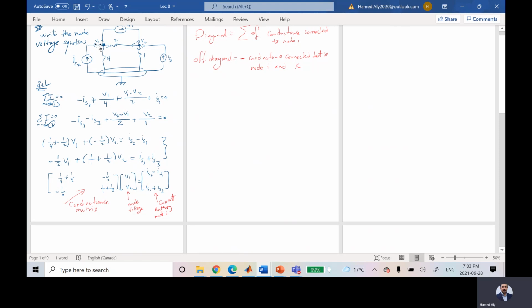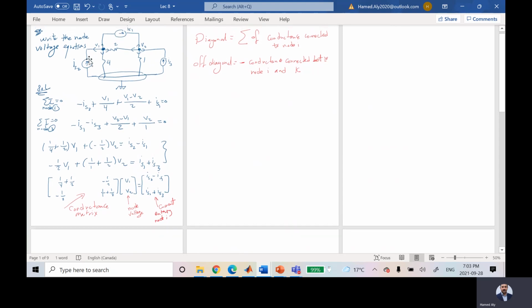Summation of current sources entering that guy. So I have Is2 entering and Is1 leaving. That's why he wrote Is2 minus Is1. What about this guy? You are talking about node 2. So for node 2, summation of I entering that node. So I can say Is3 plus Is1, because both of them are entering.